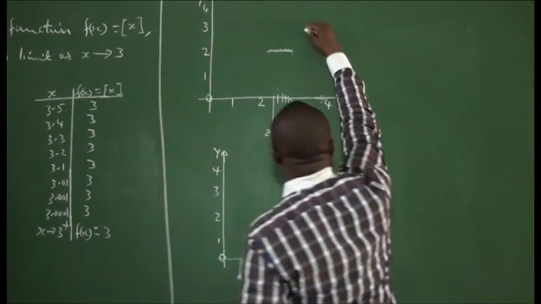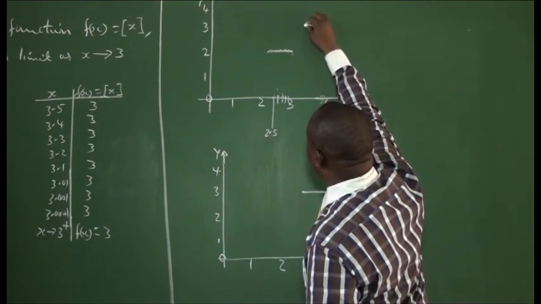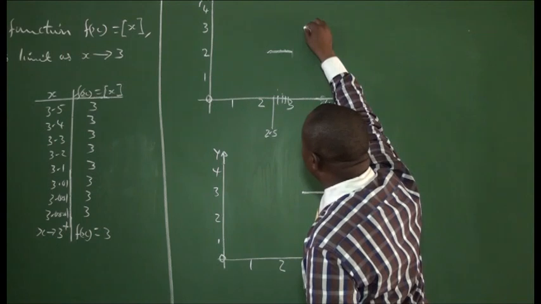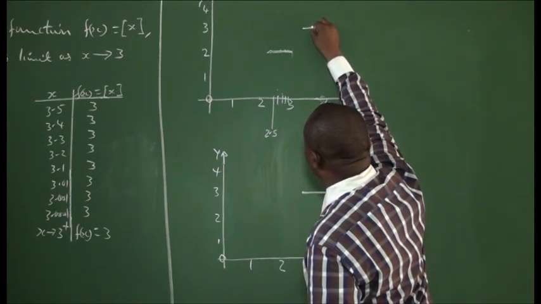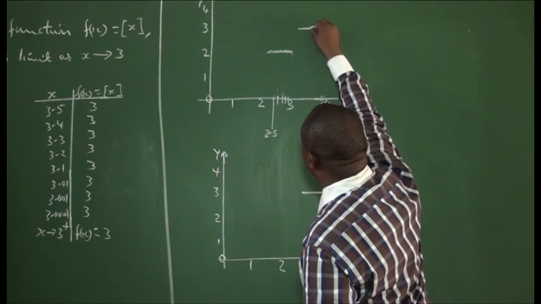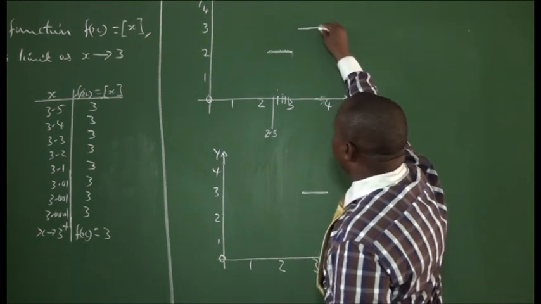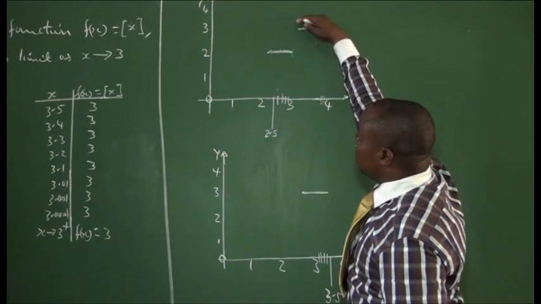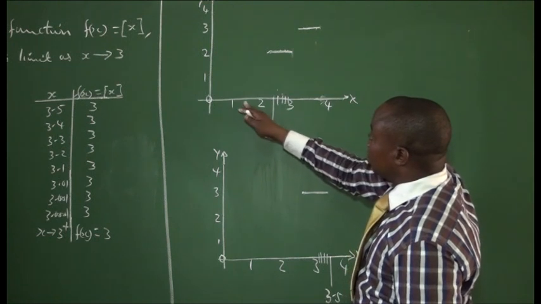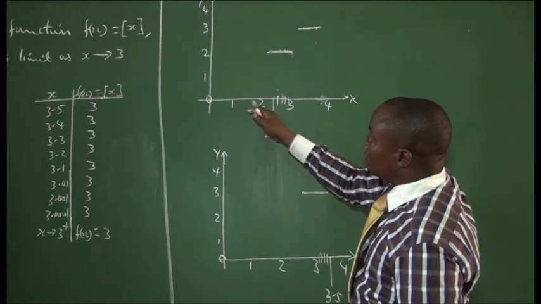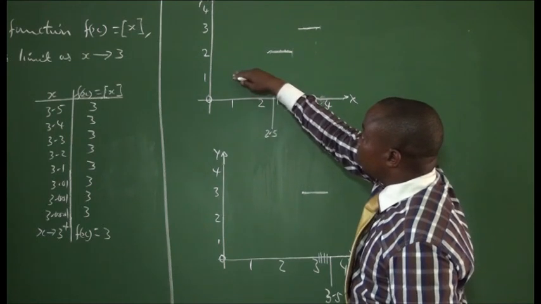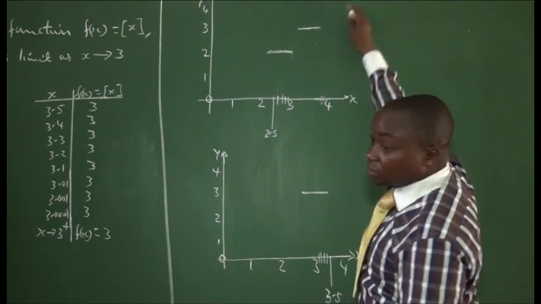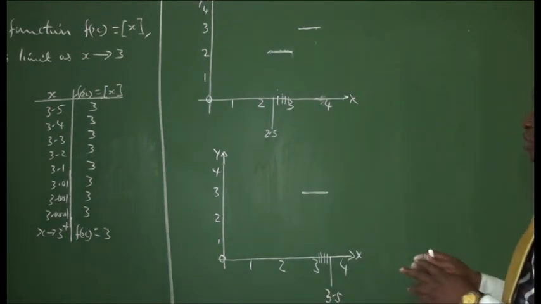Let me put the two in one diagram, in one Cartesian plane. 3 is somewhere here, and it takes this value from 3.5. So you see the staircase. If I consider between 1 and 2, I will have another staircase here, another line which shows a staircase. That is how these functions behave.